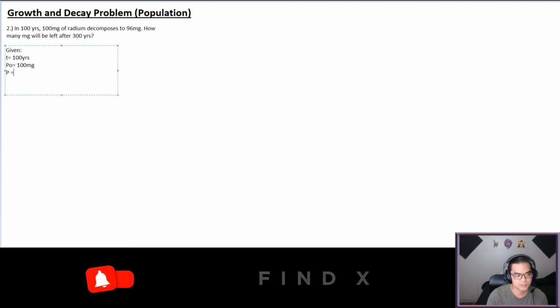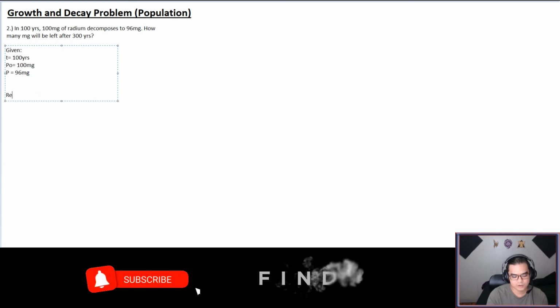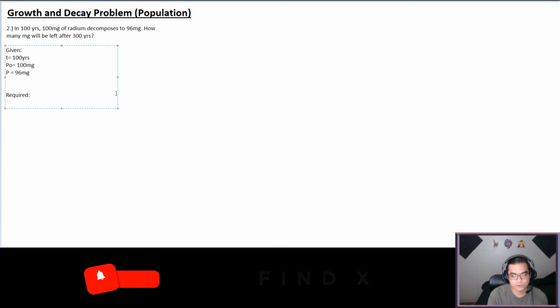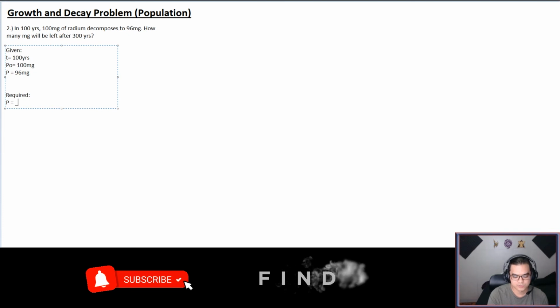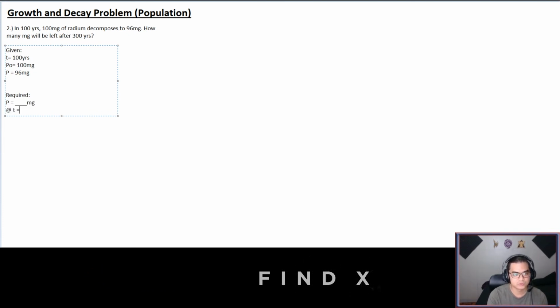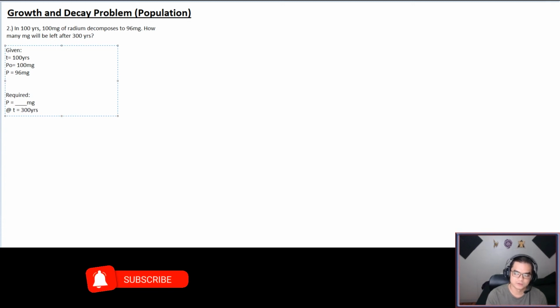So that's P. This is 96 mg. Now we are required to find what? How many mg will be left? Therefore, we are looking for the final amount, P. So this must be in mg at t equal to 300 years.